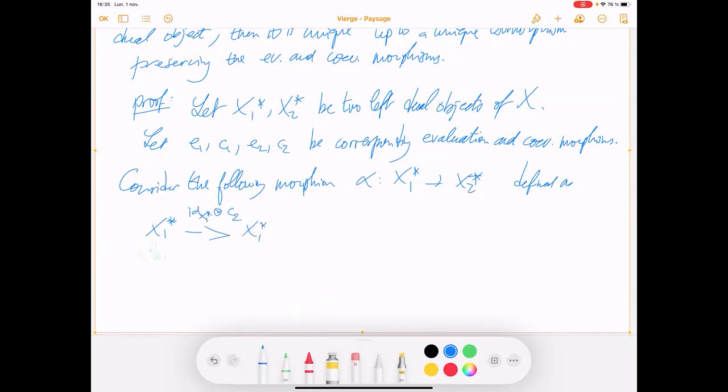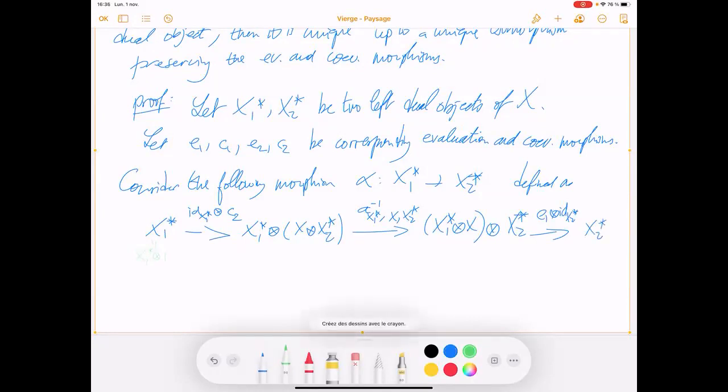So X1 star tensor X tensor X2 star. And then you apply the inverse associativity constraint, getting X1 star tensor X tensor X2 star. And you apply first C2 and then E1, tensor identity of X2 star, and you go to X2 star.